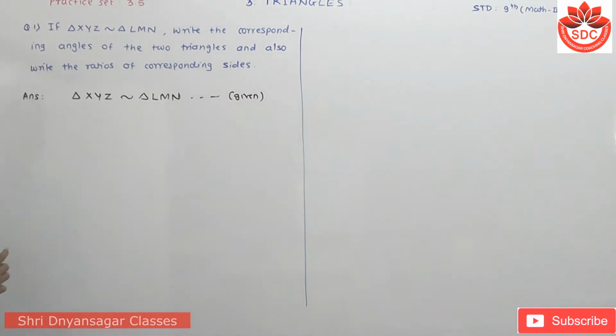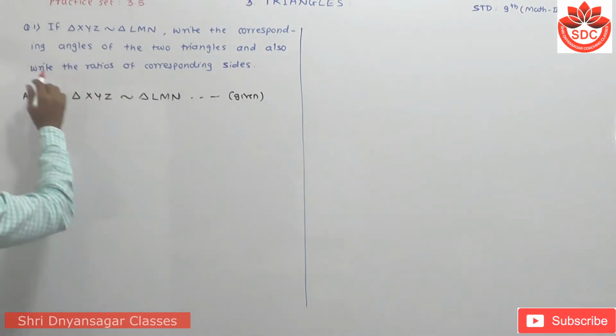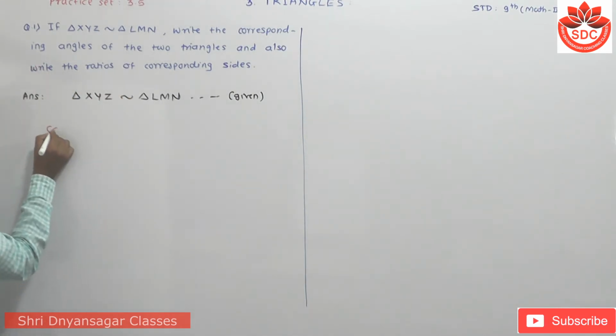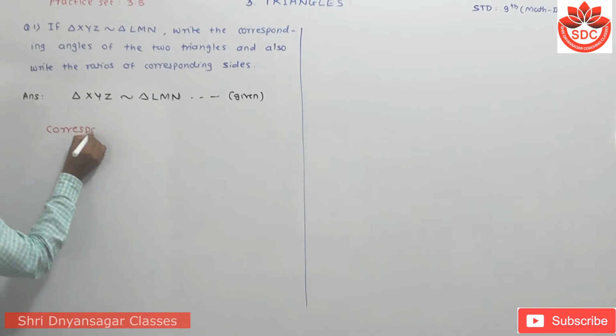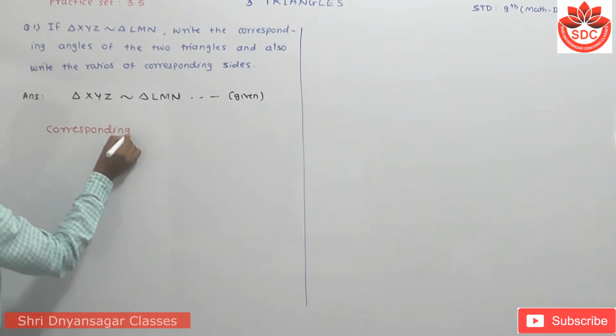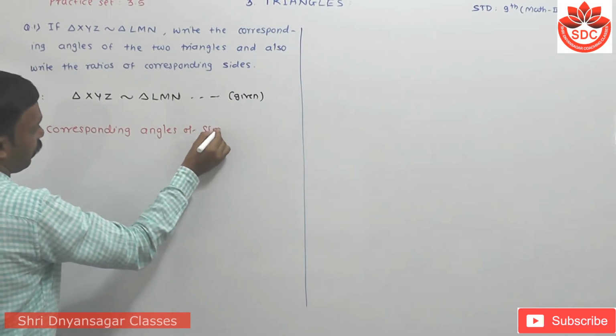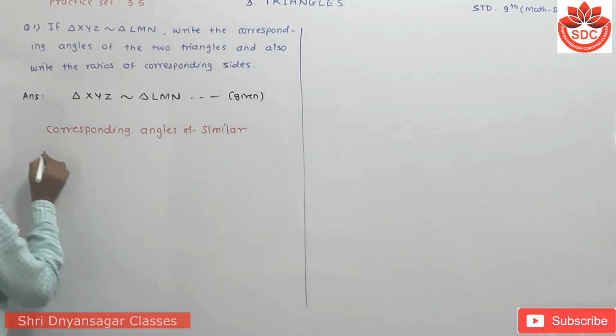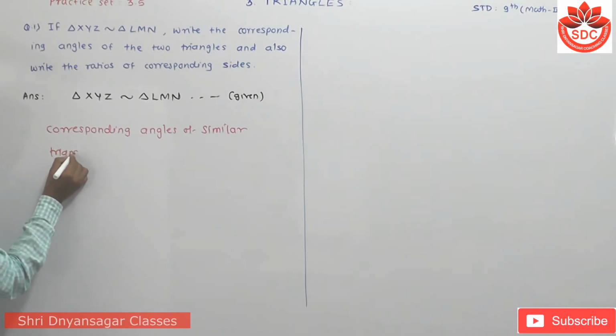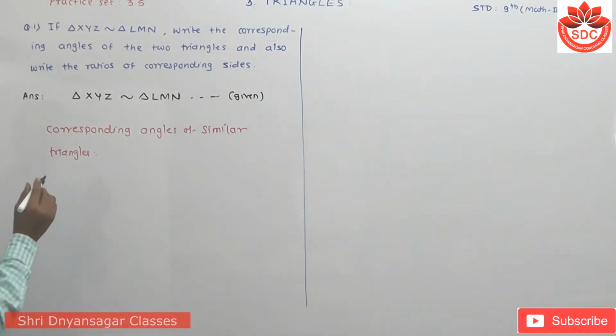Now student, we have to find first the corresponding angles. So I write here: corresponding angles of similar triangles. Corresponding angles are equal or congruent.